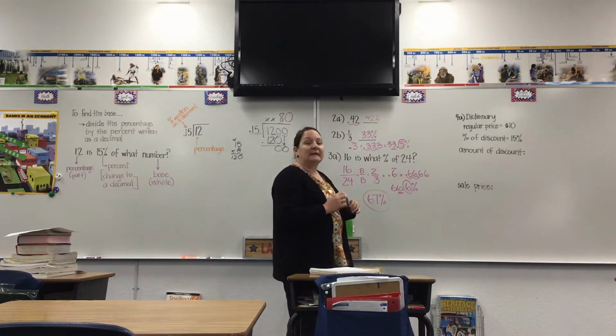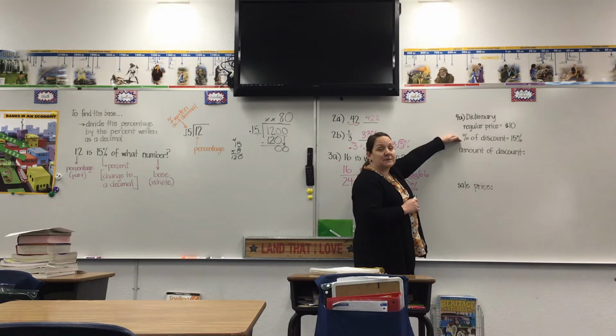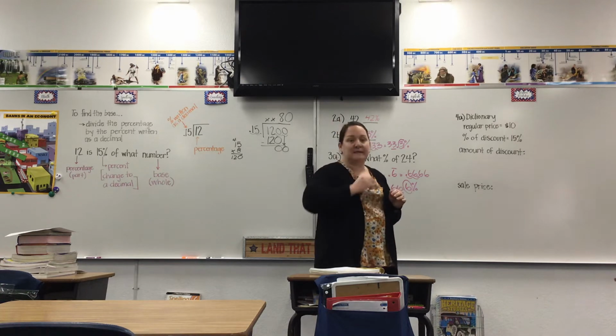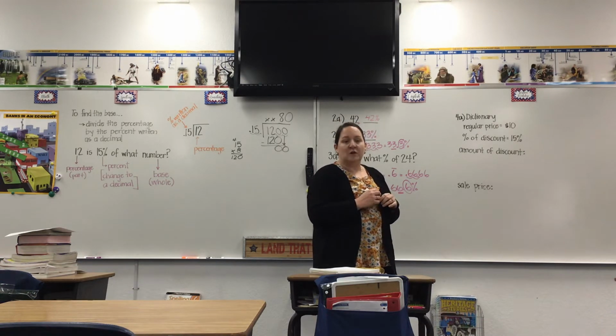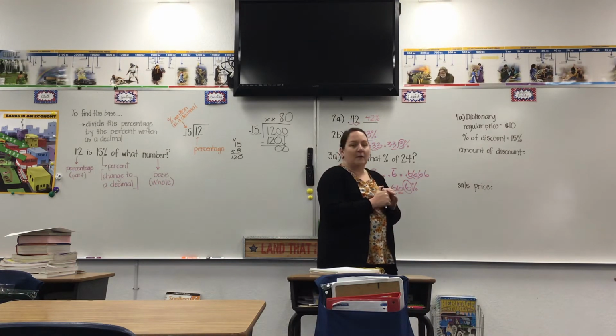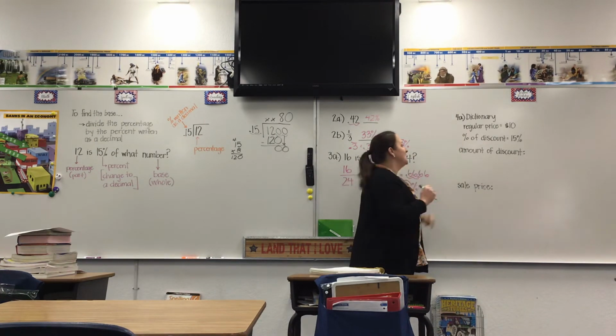Well, to find the amount of discount, if I know that the regular price is 10 and the percent of discount is 15%, I can just multiply. So maybe above amount of discount, put a little X there in that chart, okay? So you're asking yourself, what do I multiply? Well, you multiply your regular price by your percent of discount written as a decimal, okay?